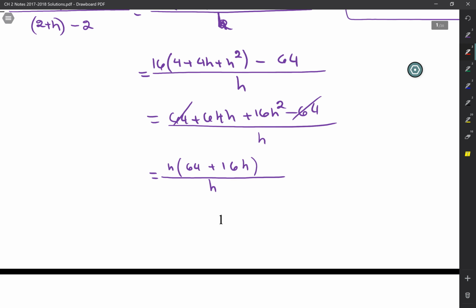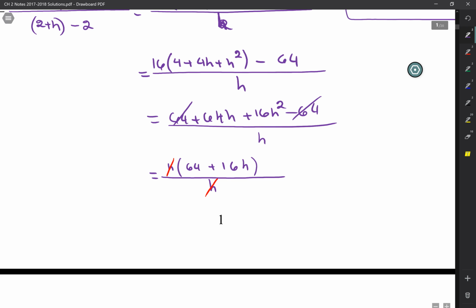We've never really told you this, but in order to be able to cancel the h's, it has to be that h is not 0. If h is 0, this whole thing is a faulty problem. But h is not 0, right? Because we're going from 2 to 2 plus h, to a later time. If h was 0, the whole thing would just be messed up. Okay?